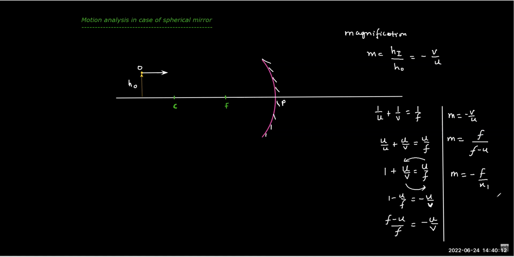If you remember, the x1 was the object distance from the focus. So if you subtract u from f, what you get is the distance of the object from the focus, and that's why this formula is very interesting, because the magnification only depends on how far the object is from the focus. Instead of knowing the answer from the pole, this ratio can give you a direct answer.